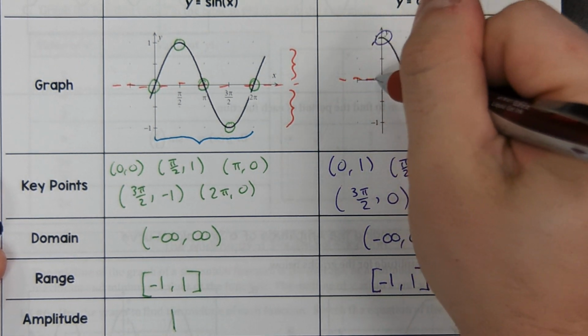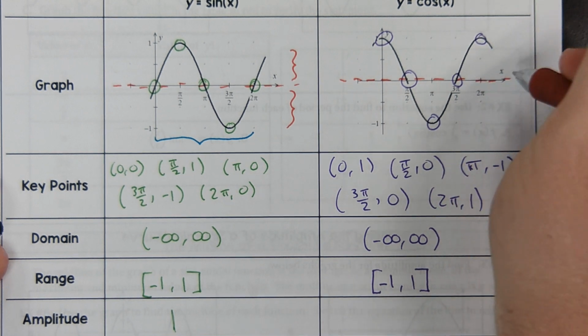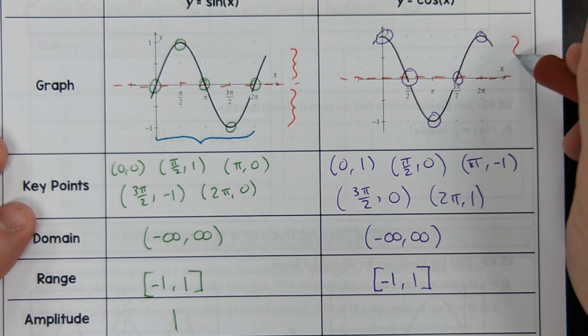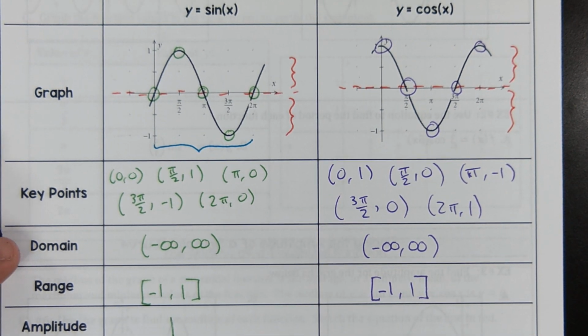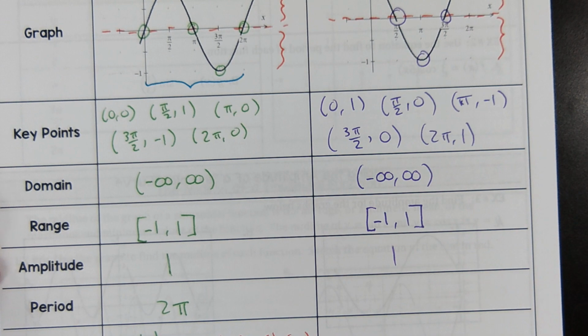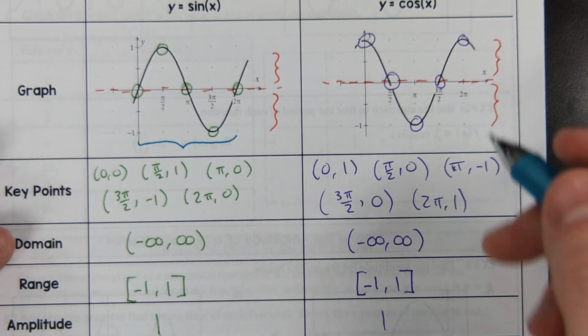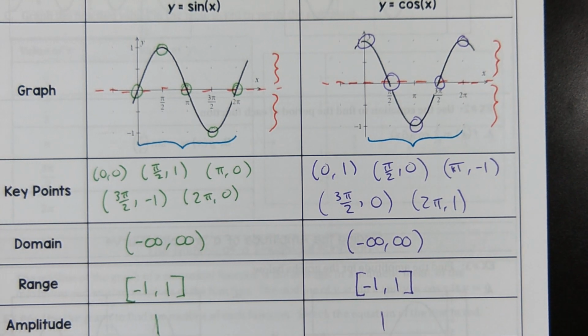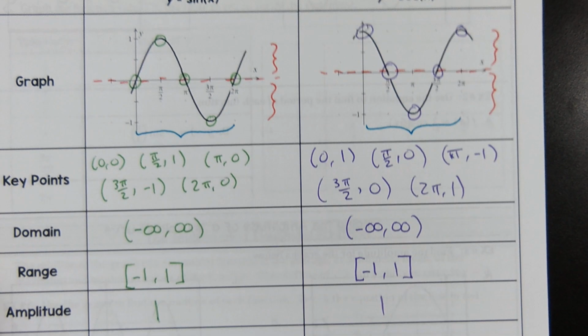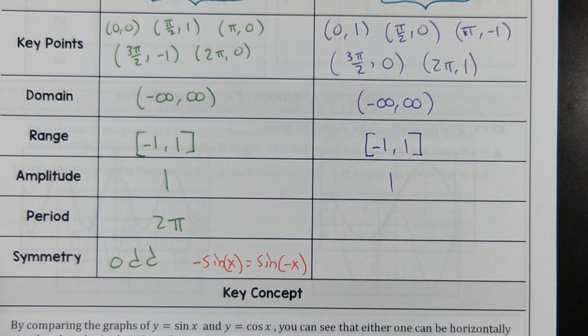Here's your midline. And just like sine, the distance from midline to max or midline to min is positive 1. So that's the amplitude. Just like sine, it takes a full 2 pi to repeat itself, so that is the length of the period.